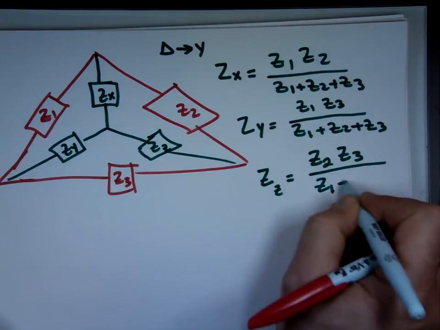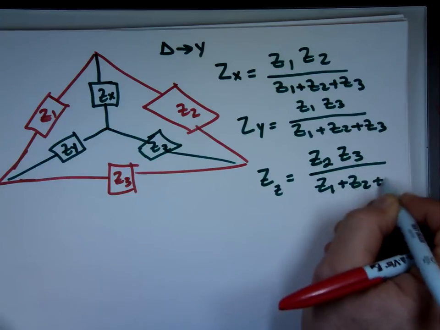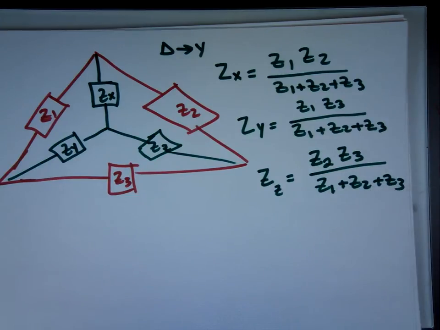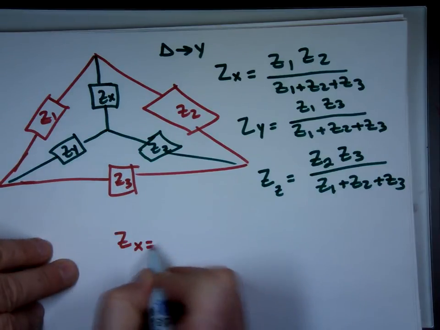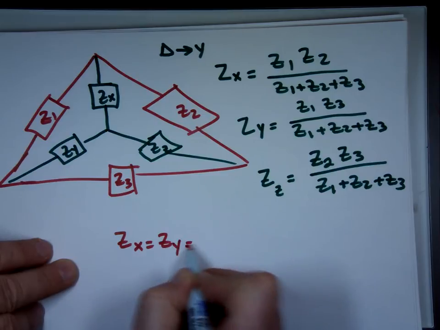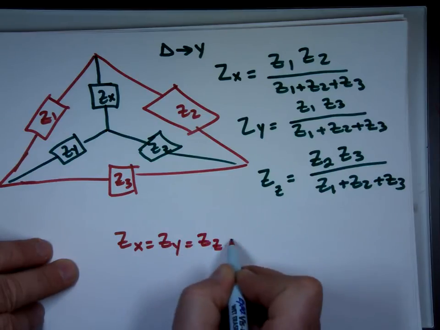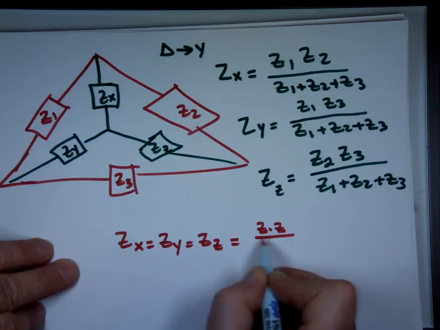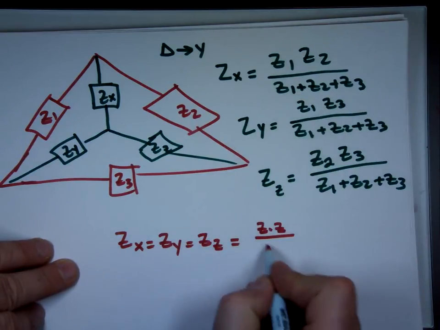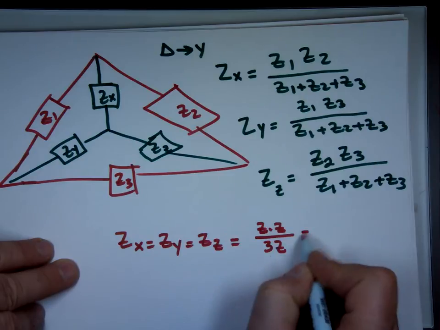We were lucky here because why? The values were equal. If the values are equal, that means Zx is going to equal Zy is going to equal Zz, which is what? Z times Z over what? Z plus Z plus Z, that's 3Z. And what do you have? Z over 3.